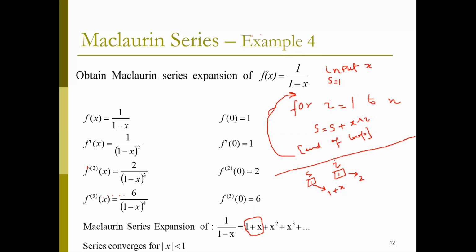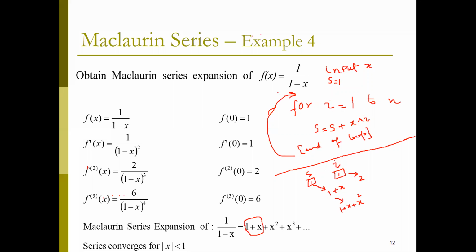X raised to the power I. Now the value of I is 2, so this is equal to x raised to the power 2. The previous value of s is 1 plus x, and one more term, x square, is added. The new value of s becomes 1 plus x plus x square. This is the new term.